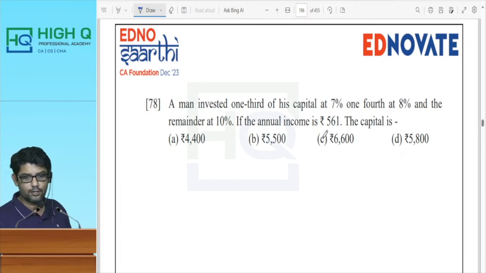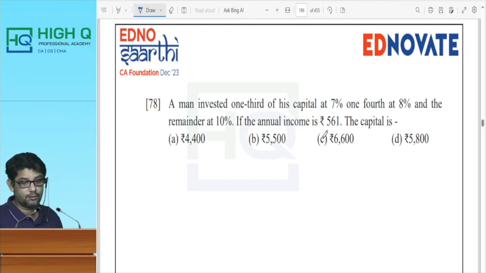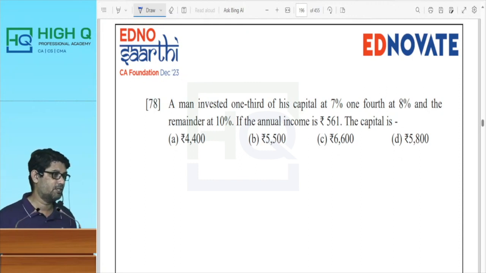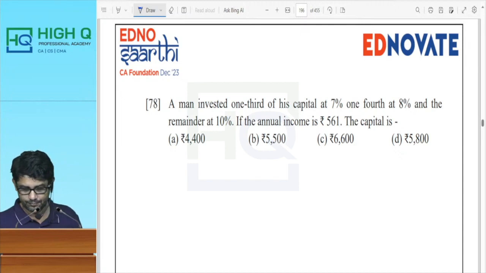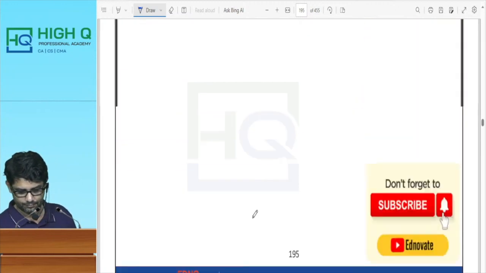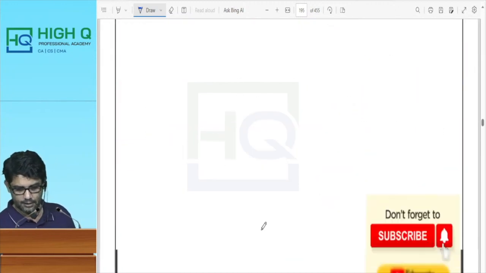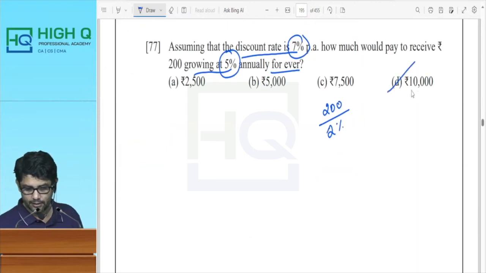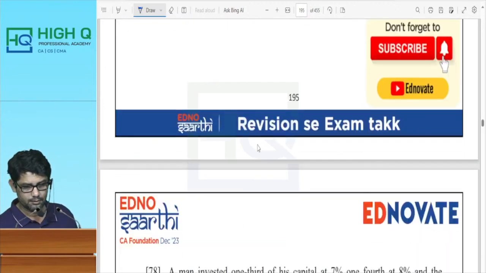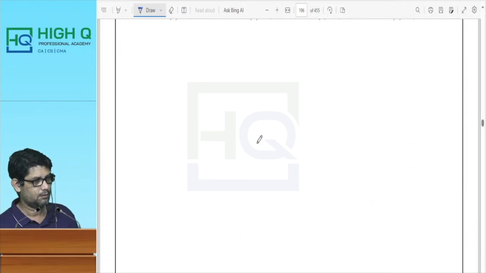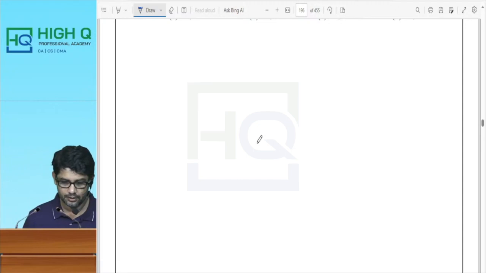Exercise 4B, 5th sum. 10,000 is right. A equal to 1,000, then 4B. Why? It's a very simple question.